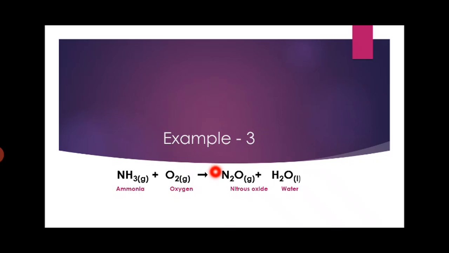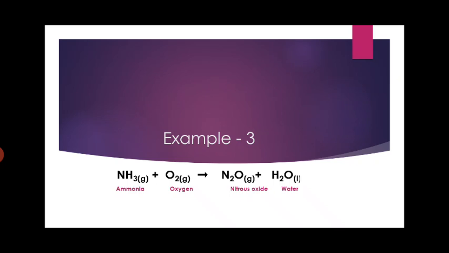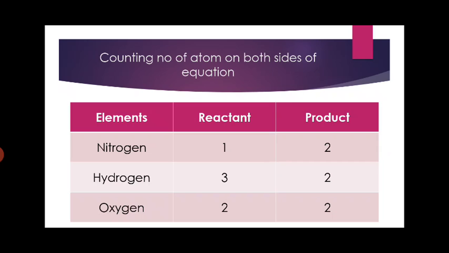There are 2 nitrogen atoms on the product side and only 1 nitrogen on the reactant side. Now make a table. 1 nitrogen on the reactant side and 2 on the product side, 3 hydrogen on the reactant side and 2 hydrogen on the product side, 2 oxygen on the reactant side and 2 oxygen on the product side. Over here oxygen is balanced.